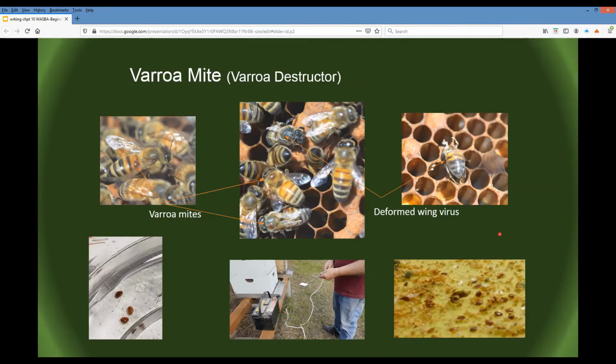Another method is to use the sugar roll method, and that is a method where you are collecting some bees to check for mites. You're scooping up about 300 bees. I think that's the equivalent of about a half a cup of bees. You want to take them from the brood comb. You, of course, don't want to get a queen in that group of test subjects.